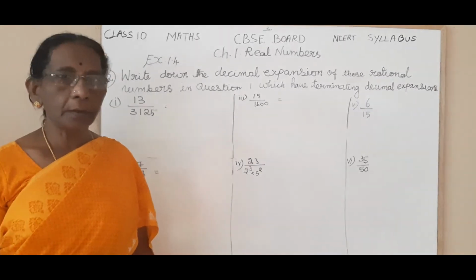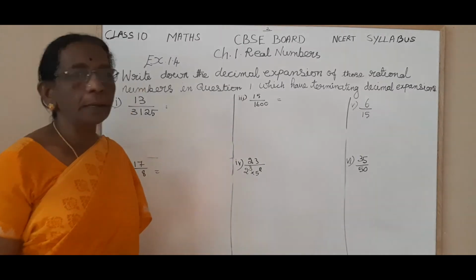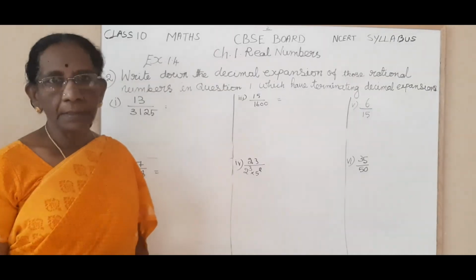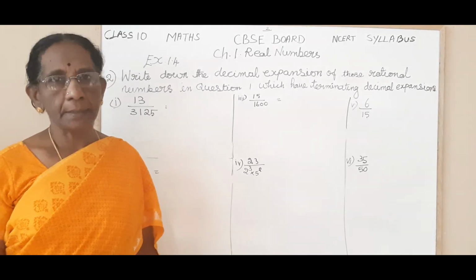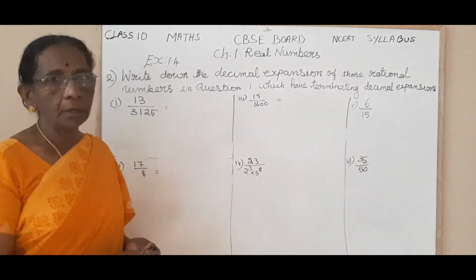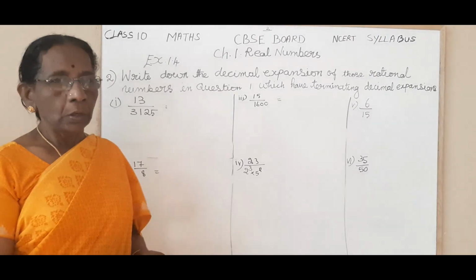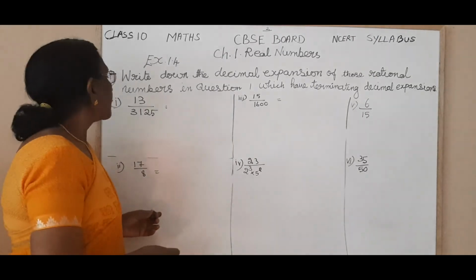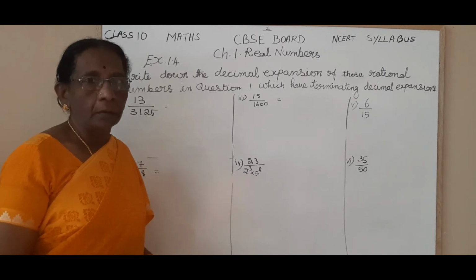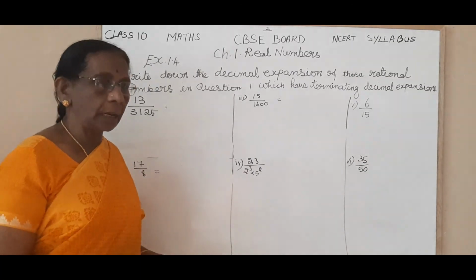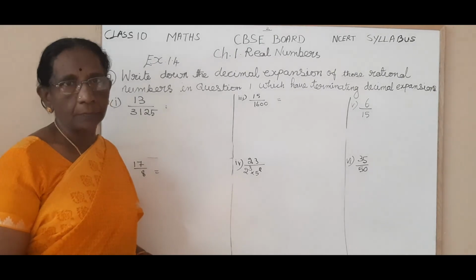Today we are going to continue chapter 1, Real Numbers, revisiting rational numbers. In the previous session, we learned how to find whether a rational number represents a terminating decimal or a non-terminating decimal, isn't it?